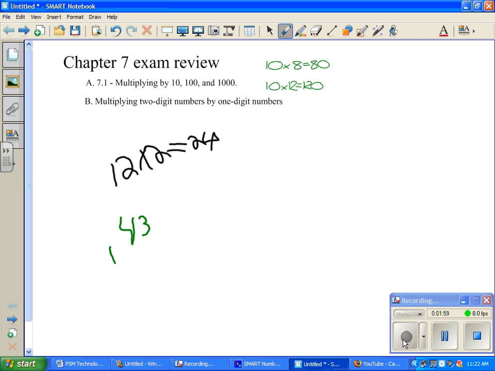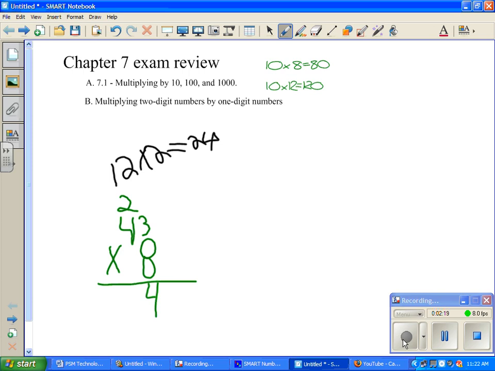43 times 8 equals, okay. So Xavier is going to multiply 3 times 8, and he gets 24, putting the ones where the ones go, and the tens with the tens.